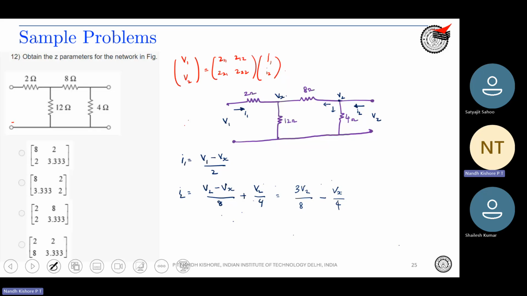And finally, you have by nodal analysis at this node, Vx minus V1 by 2 plus Vx by 12 plus Vx minus V2 by 8 is equal to 0. Correct?